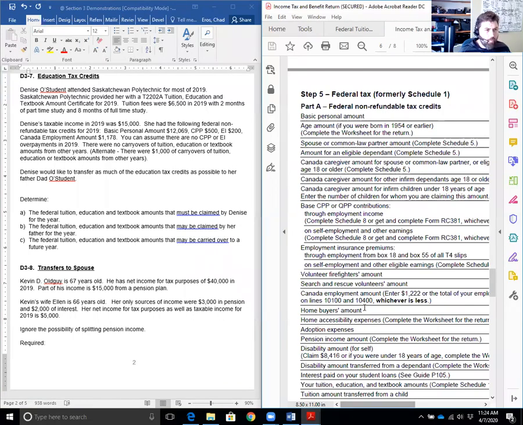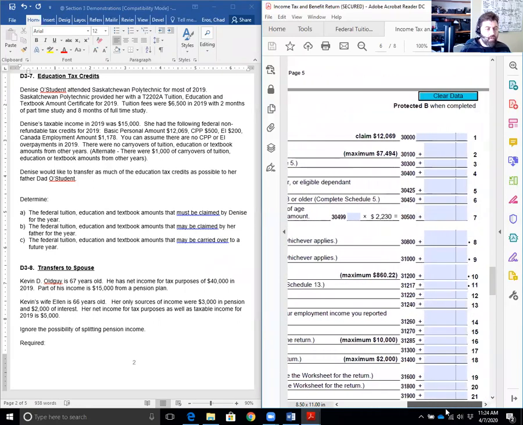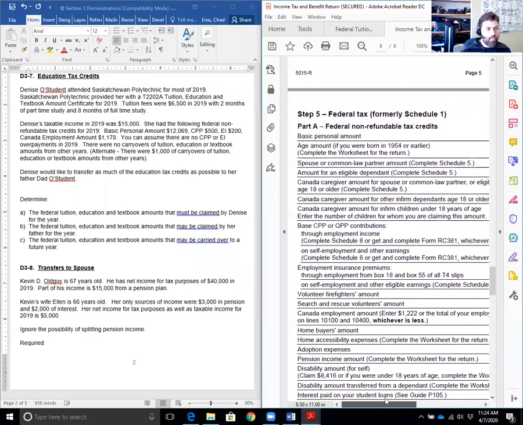So where we're at is this, we're on step 5 here, filling in our personal tax credit amounts. So the question says that we have a basic personal amount of 12,069, and we've got CPP of 500. So we can go down the line here and find our CPP contributions, for which we can put in for a tax credit.